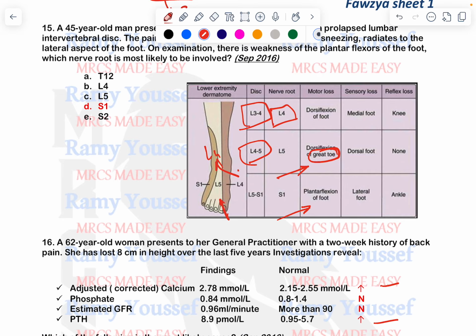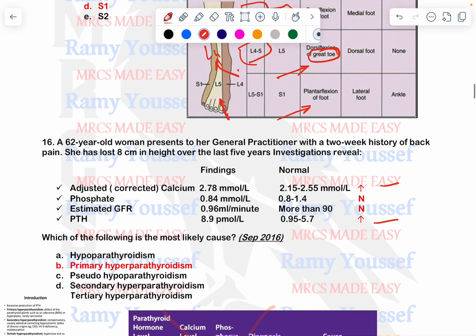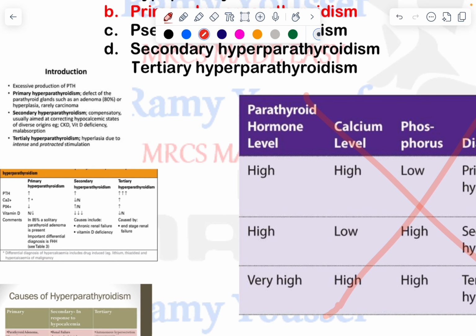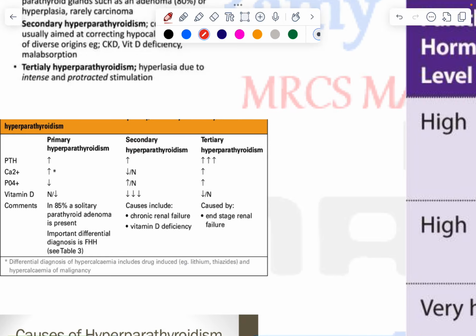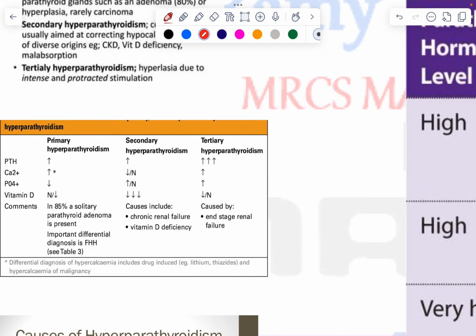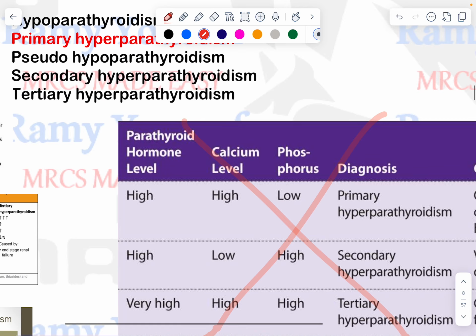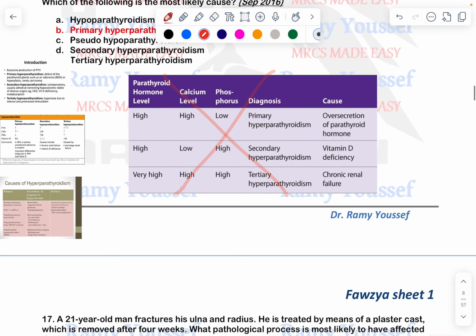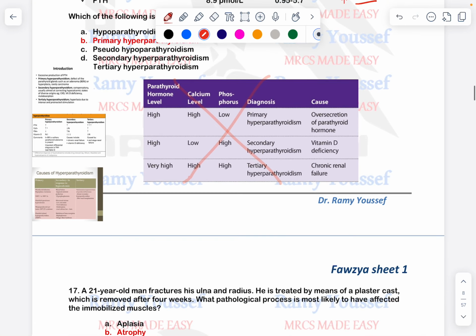It can be primary hyperparathyroidism, excessive production of parathormone due to a primary defect of the parathyroid glands such as an adenoma. Secondary can be compensatory when there is calcium deficiency. In primary hyperparathyroidism, calcium is increased and phosphate is low. Causes of hyperparathyroidism can be primary or secondary.